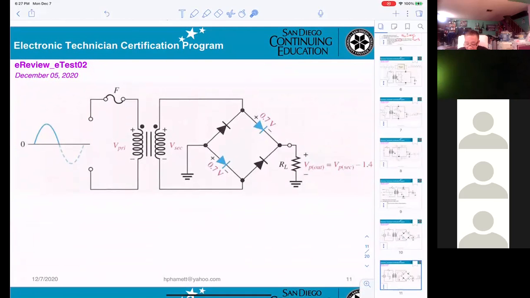It will be V of the secondary minus 1.4. Think that you get 2 diodes, each one will drop 0.7. So that's why minus 1.4. Make sure you get this. Tomorrow you can use the formula to do your calculation.